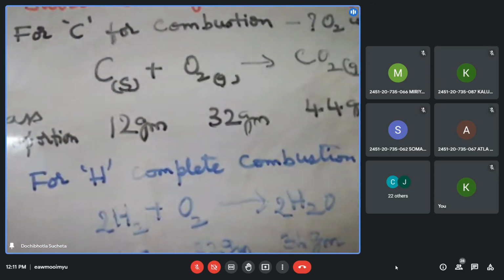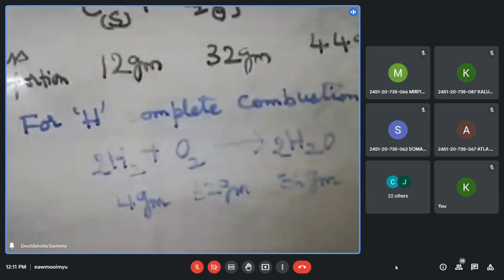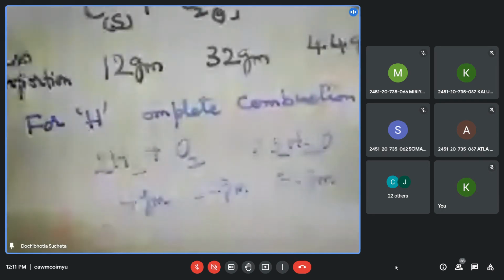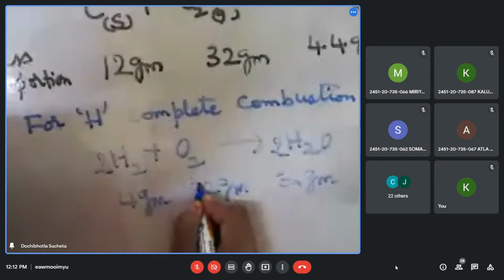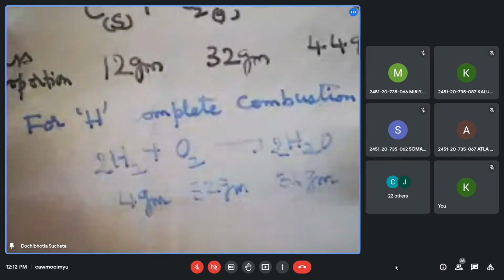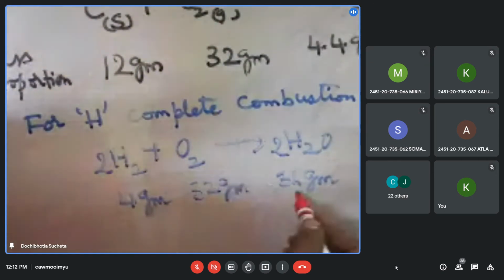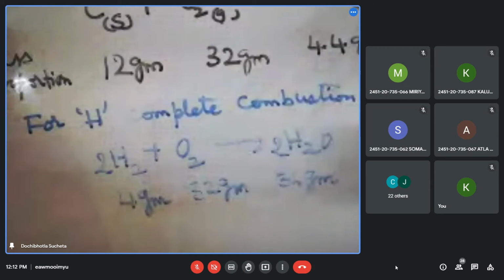This is the ratio of combination here, 4:32:36. So the ratio of combination is 4:32:36 grams.